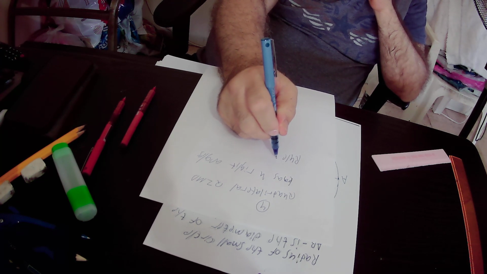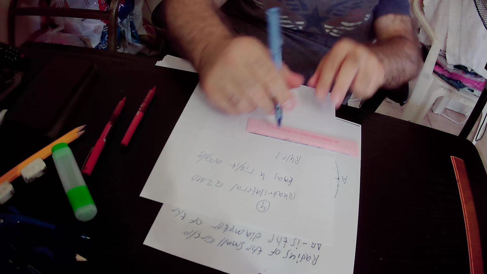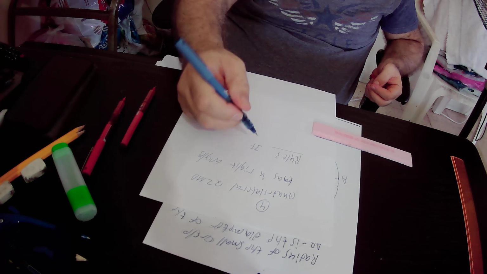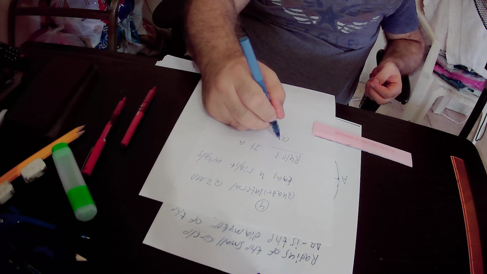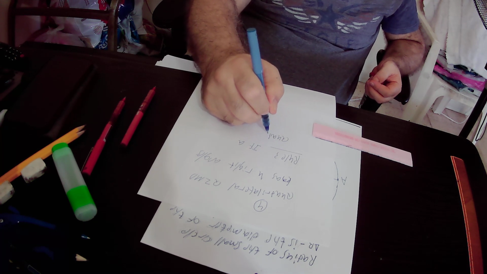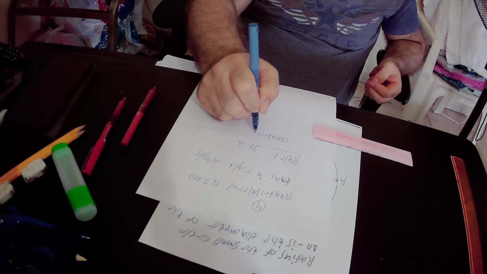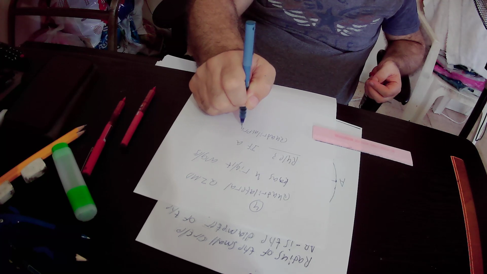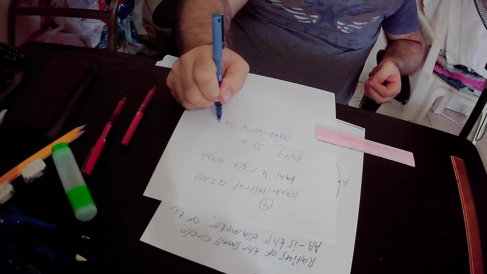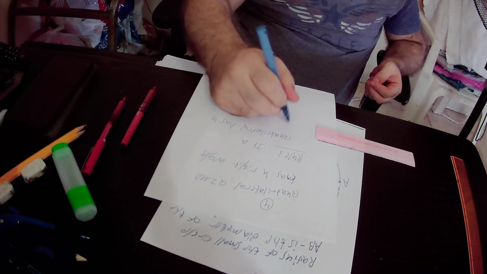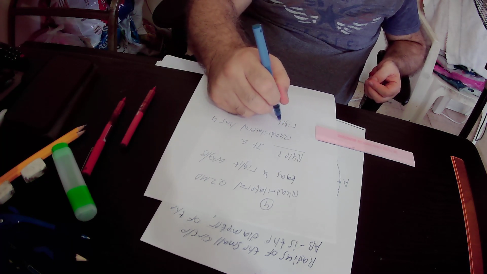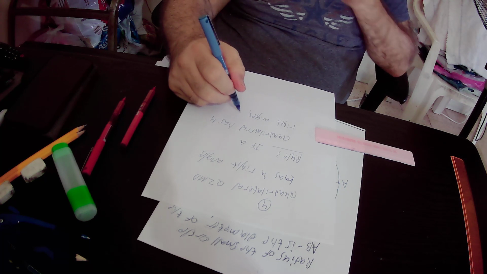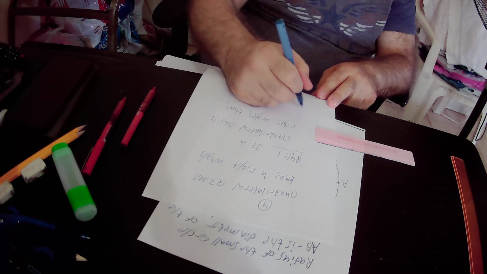According to rule number 3, if a quadrilateral has 4 right angles, then it is a rectangle.